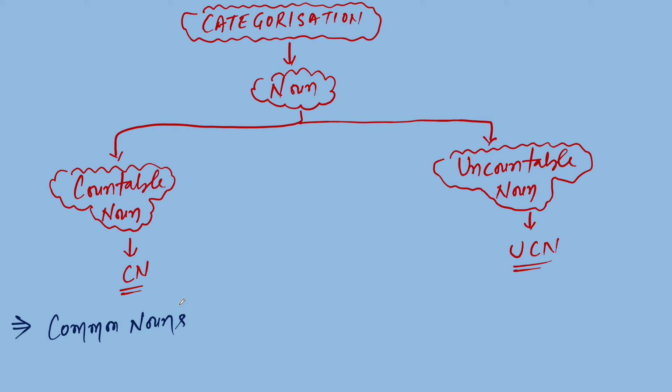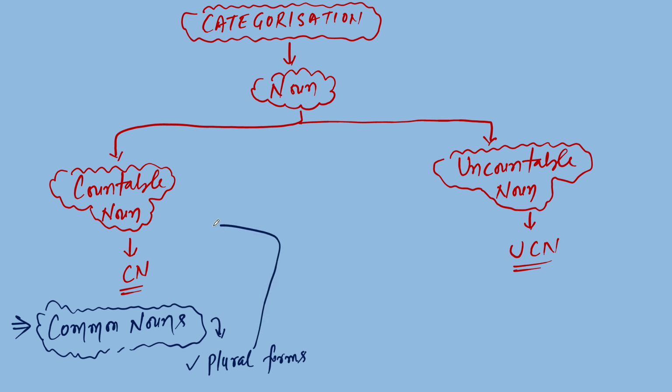Those nouns which can be converted into plural form are known as common nouns, and this kind of noun is basically known as countable noun. Is it clear or not? Okay.